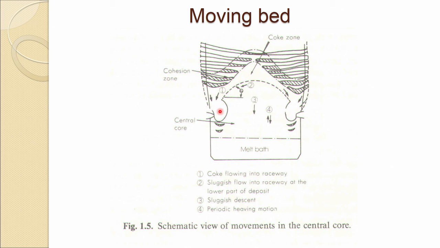When the coke is getting consumed, then a void is formed and it has to be replaced by the surrounding solid. So, mostly from the top, coke comes down and replaces that coke which got consumed in the raceway.